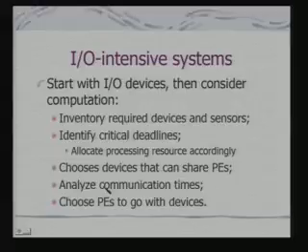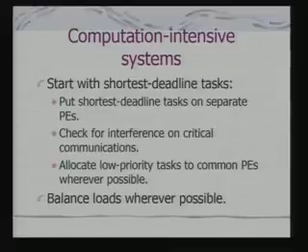Okay. So, different PEs can go with different devices depending on your deadline. If you are doing computation intensive tasks, you should start with the shortest deadline task, and that should be put on different PEs. So, I am talking about a distributed system. So, they should be put on different PEs, and check for interference on critical communications, allocate lower priority tasks to common PEs wherever possible, and you need to balance loads. So, this is typically a computation intensive system.